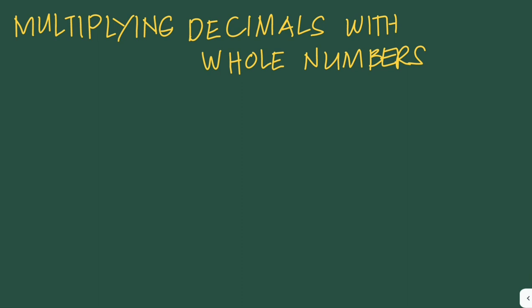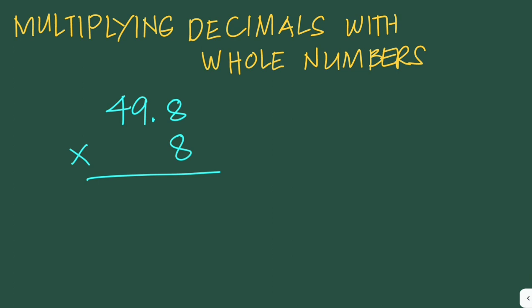Right, how about this one? 49.8 times 8. So let's multiply these two numbers, a decimal and a whole number.